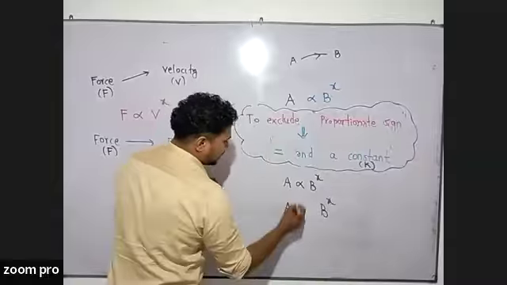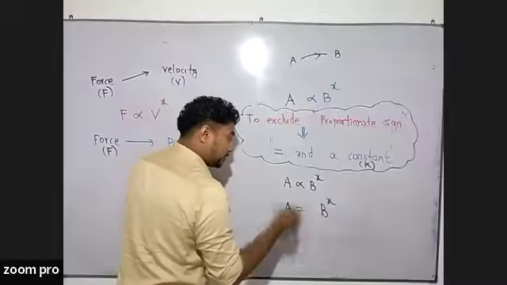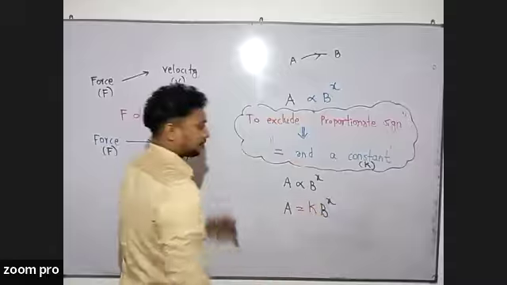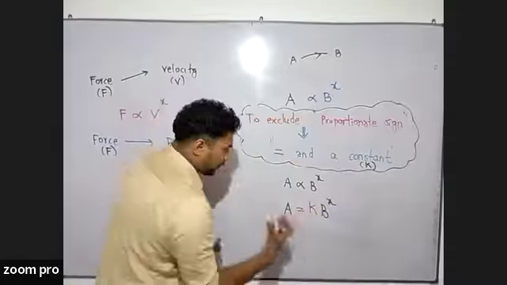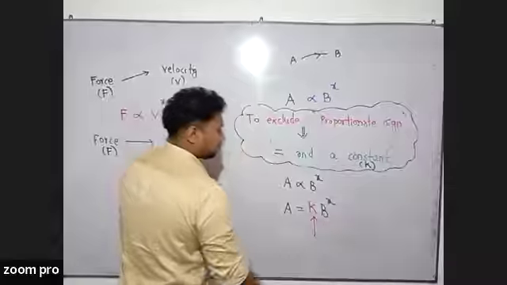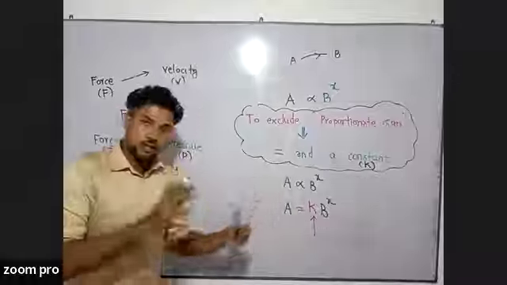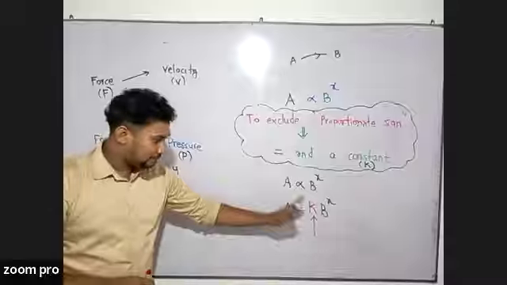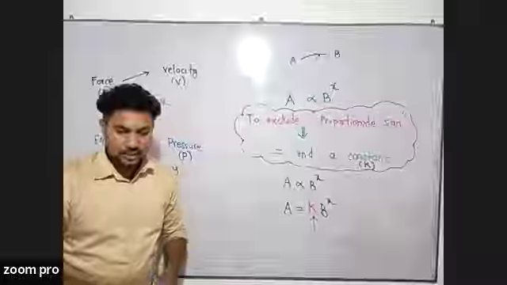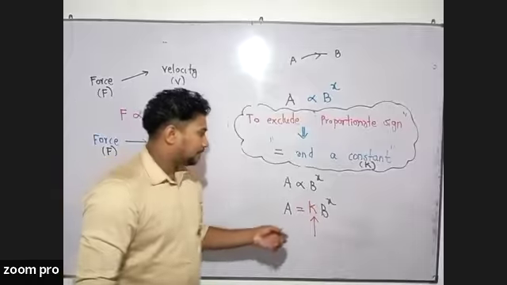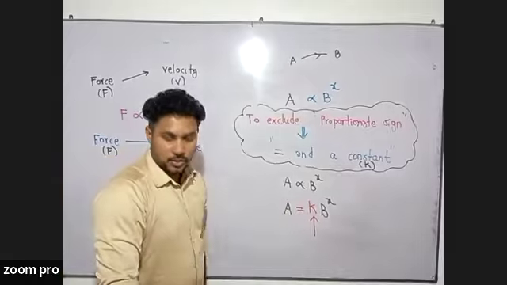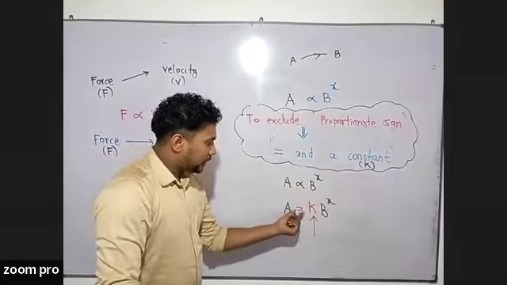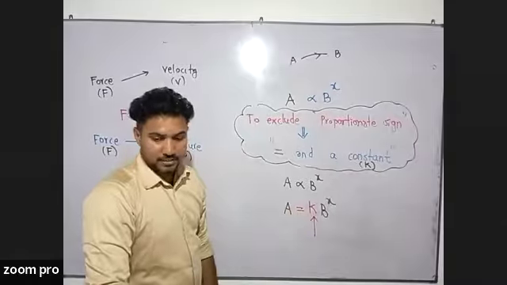Instead of this proportionate sign, I'm substituting an equal sign and a constant. This is the way that we obtain and apply a constant for a given equation, and this is the logic behind the constant.